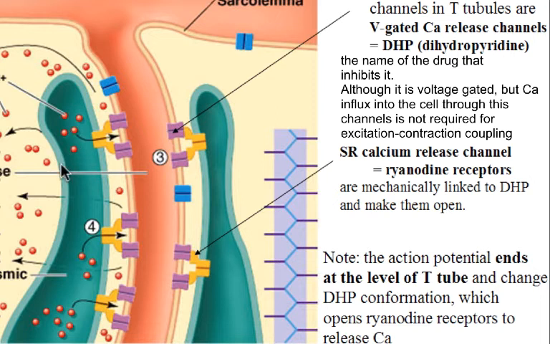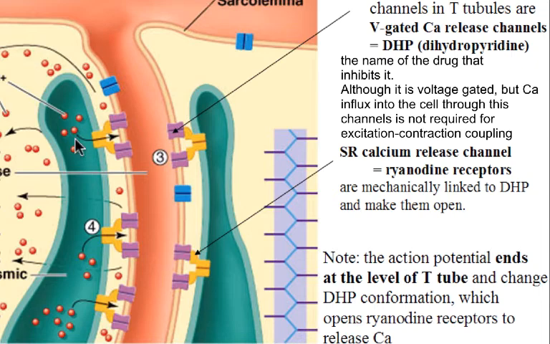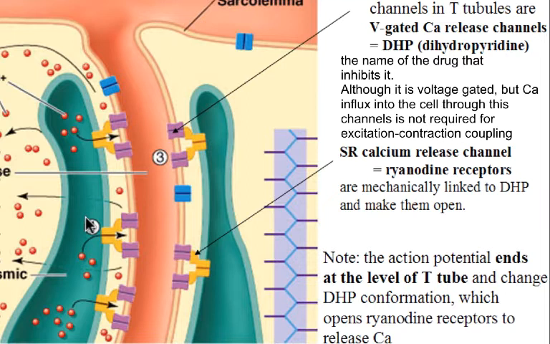This pump is called SERCA. SERCA is a calcium ATPase pump. This calcium inside the terminal cisterna is going to attach to a protein called calsequestrin, and this calsequestrin is going to keep the calcium inside the terminal cisterna until it is released.